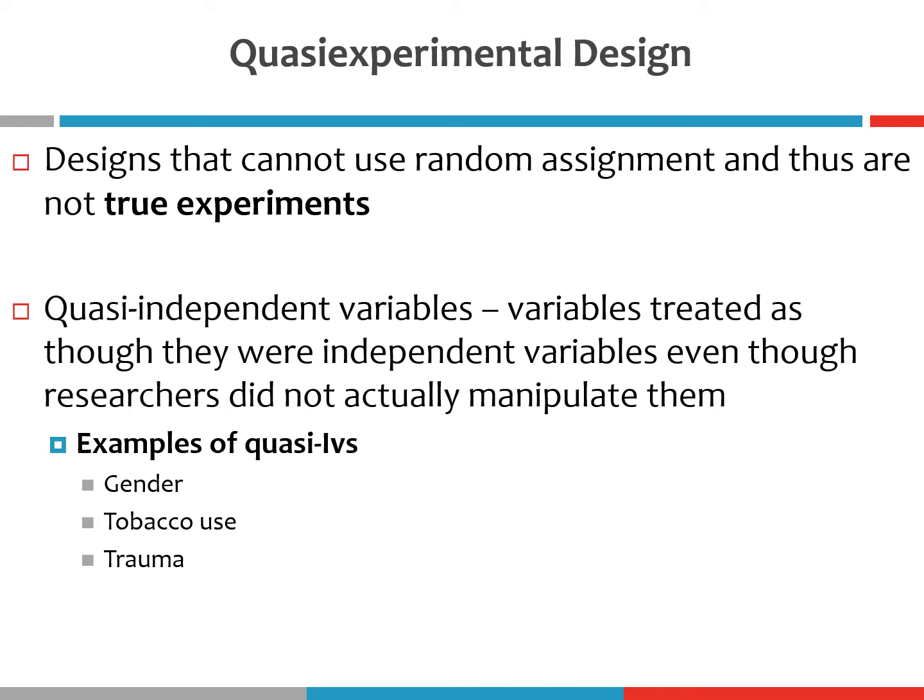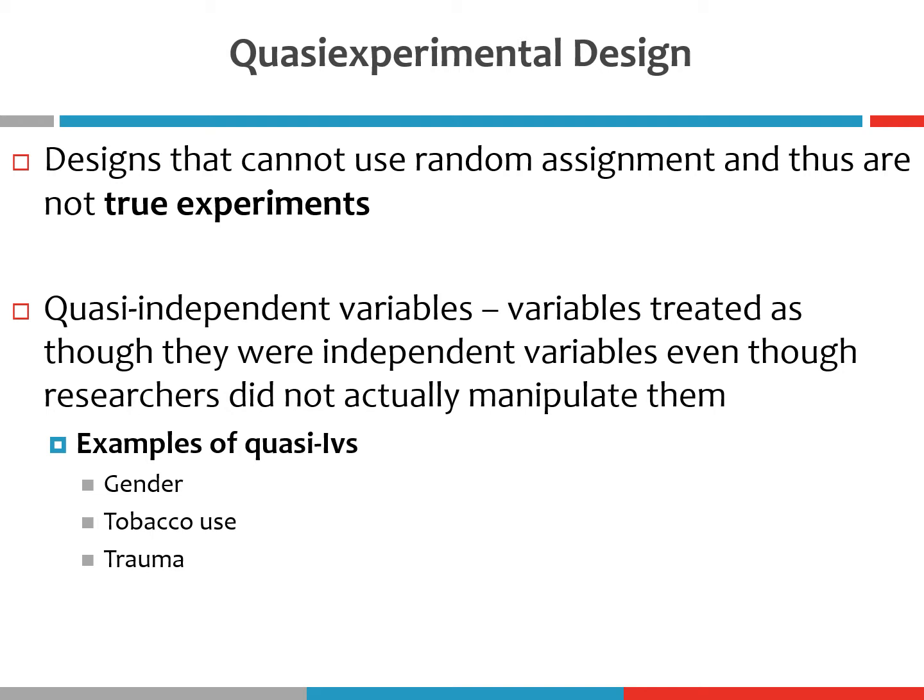So we have an independent variable and a dependent variable, okay? The only difference is that our independent variable is called a quasi-independent variable because the researcher doesn't actually manipulate them.